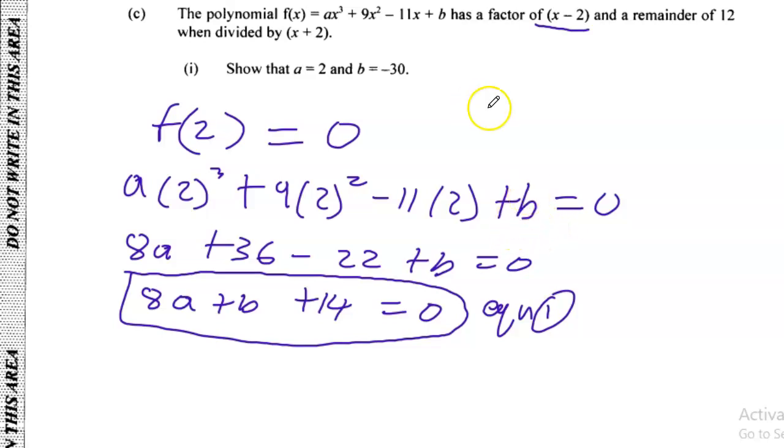We are also told that the polynomial, when divided by x plus 2, we get a remainder of 12. So this means that f of minus 2 is equal to 12.